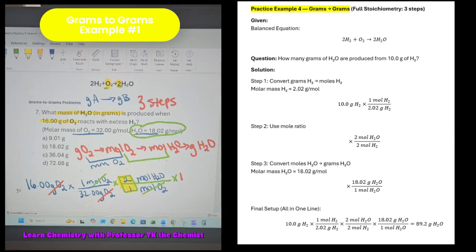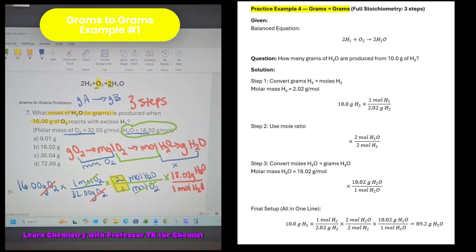Remember, because we're now going from a mole to a gram, we have to multiply by the molar mass. So that's where your 18.02 grams of water comes in over 1 mole of water.